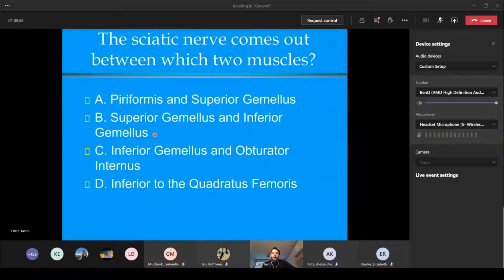All right, so a comprehension check question. The sciatic nerve comes out between which two muscles? The piriformis and superior gemellus. I know this is a little bit of a reach, but this is going to help you with your studies. The options are superior gemellus and inferior gemellus, and obturator internus, or inferior to the quadratus femoris. You'll understand why I put this question in there.